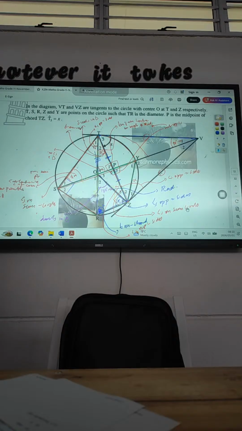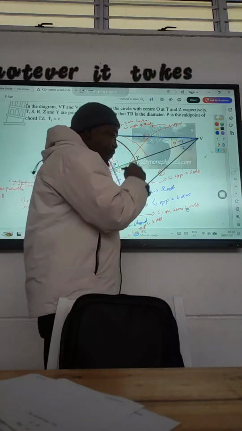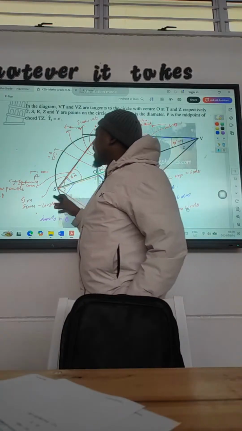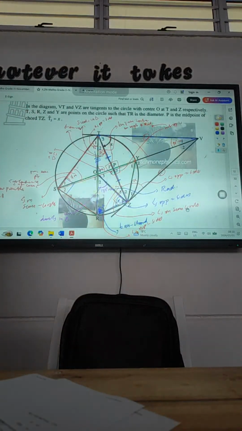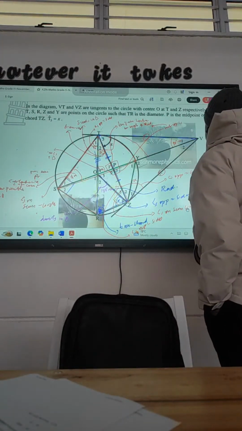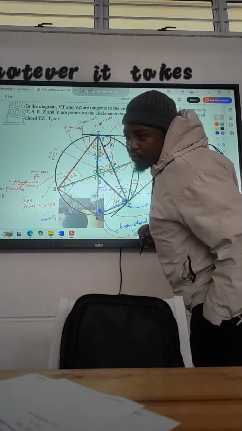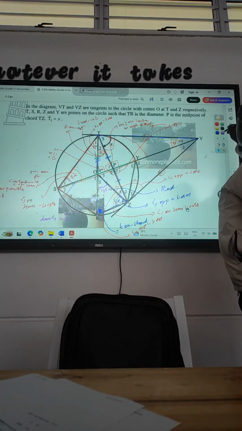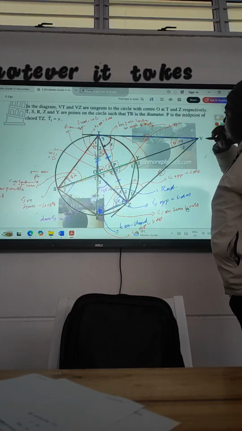My first question to you guys, look at the question that we have. Let us prove that TOZV, you can also use our diagram this side, TOZV is a cyclic quadrilateral.